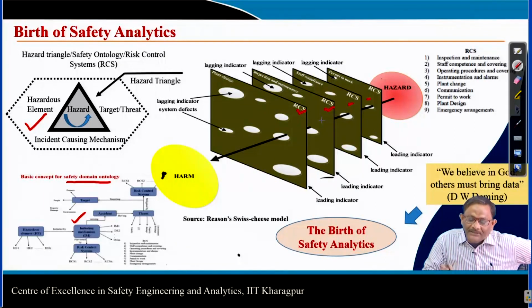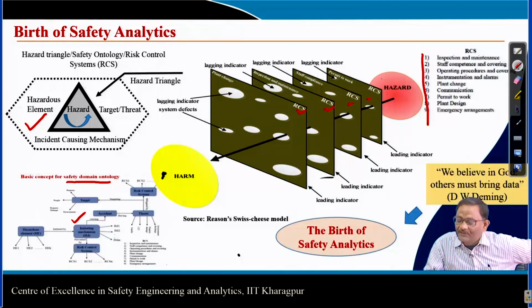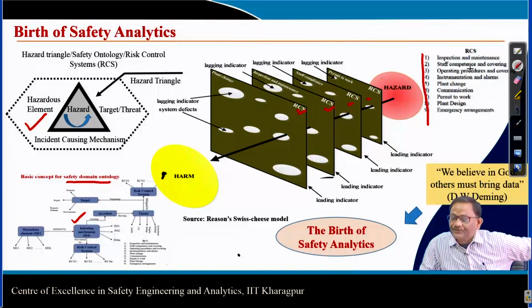Now, what more did I talk about? I said that for every risk control system, like the nine risk control systems we have given here: inspection and maintenance, staff competence, operating procedures, instrumentation and alarm, plant change, communication, permit to work, plant design, and emergency arrangement. These are the important risk control systems.